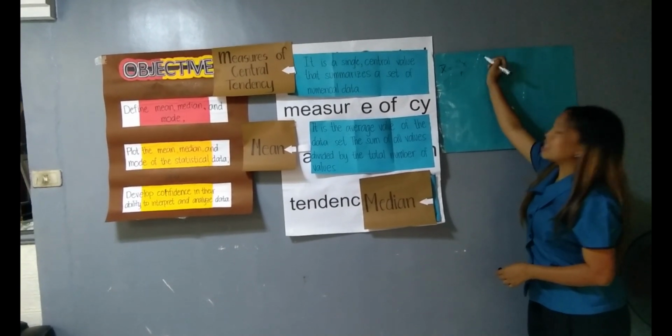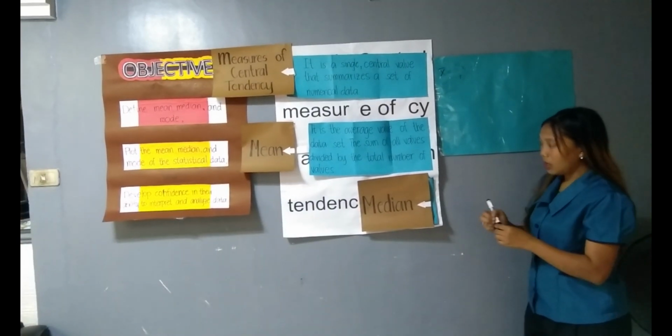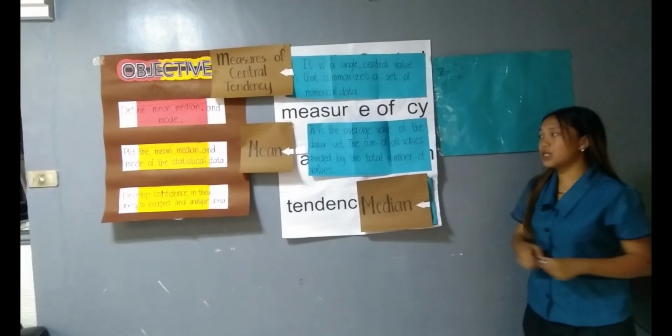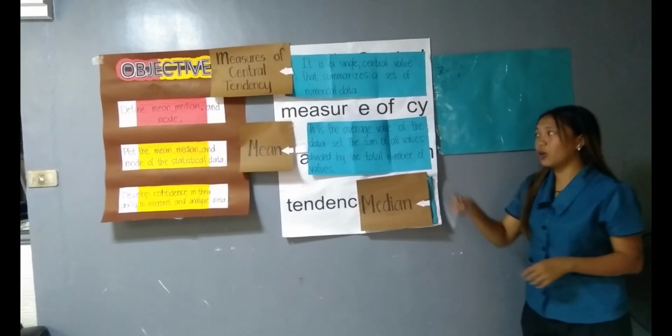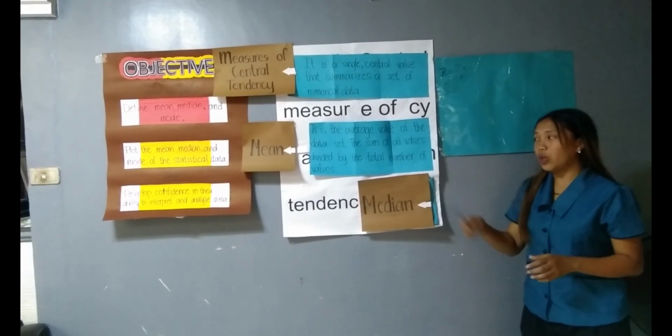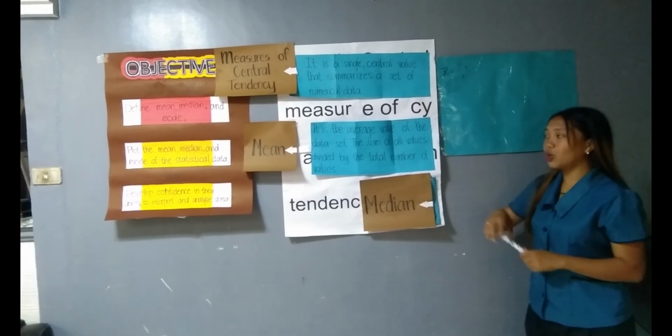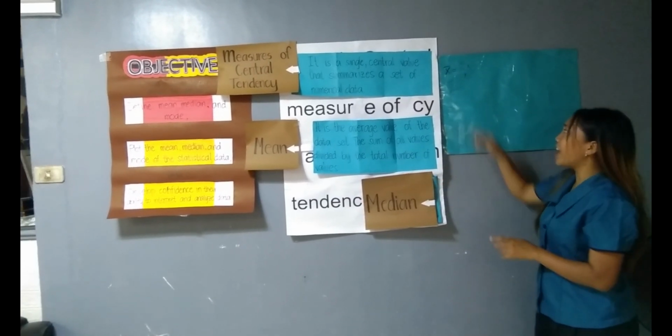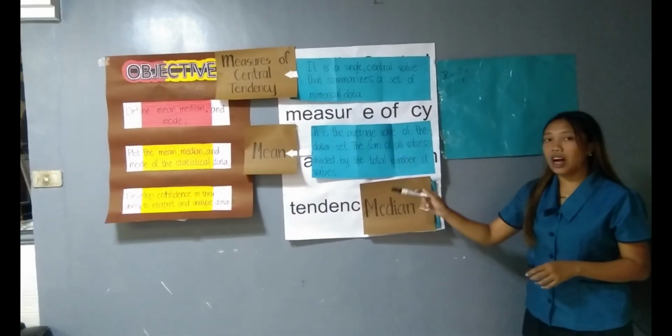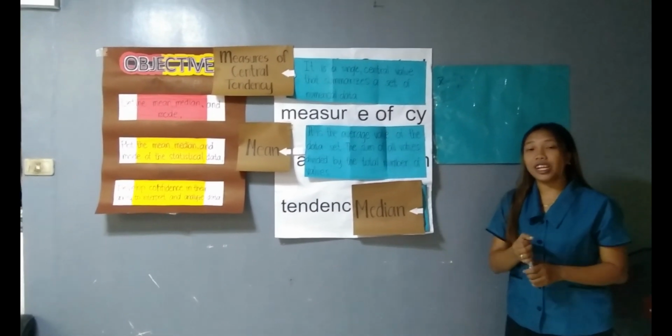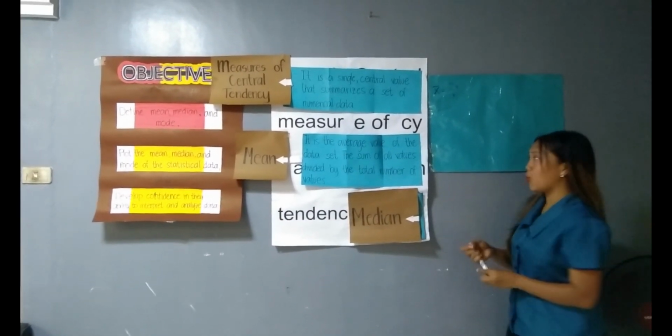Summation of x is the sum of all numbers nga gihatag sa imuha, or sum sa atong data when you add all atong mga data. So, ang n mao siya kung pila ka buok tanan number nga gihatag sa imuha.